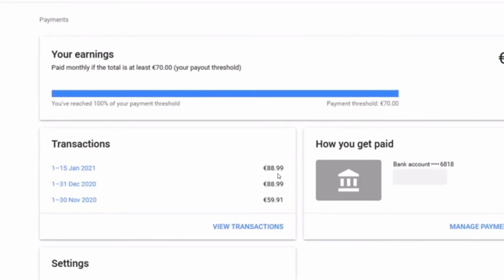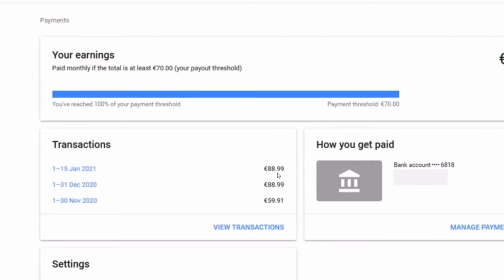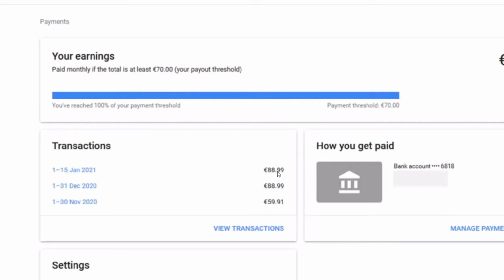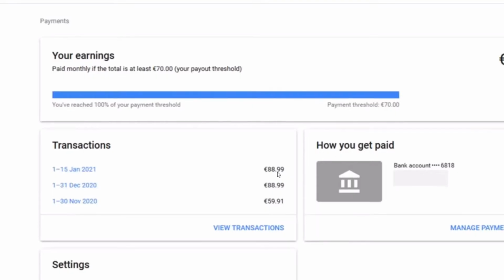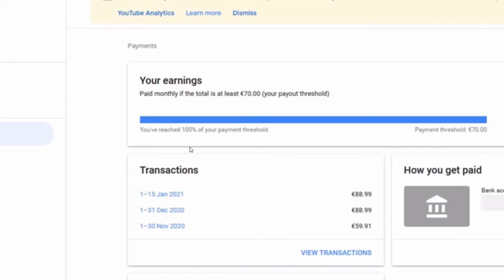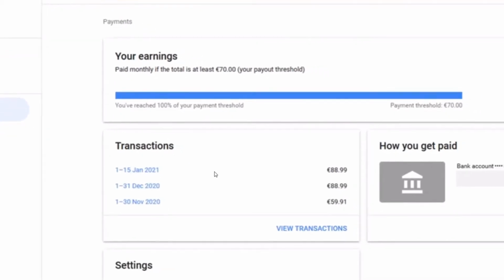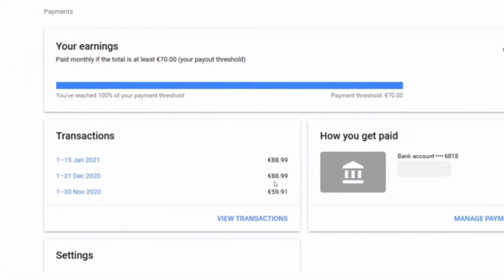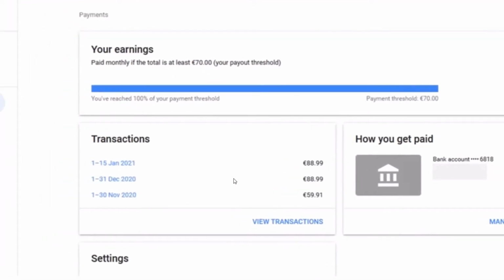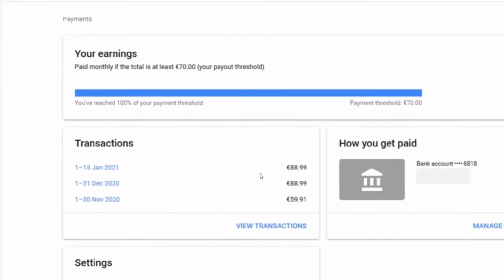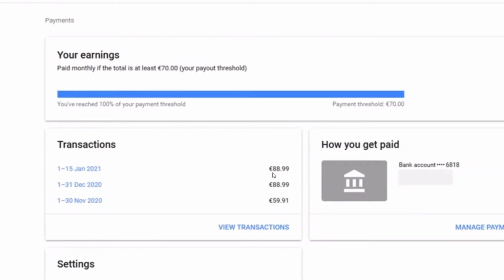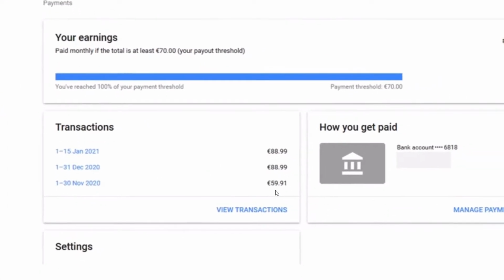Now this 29 point something euros was actually reflected in my AdSense account between the 10th and the 14th of January, precisely on the 11th of January. So when I finally received my 29 euros earnings for the month of December on the 11th of January, that increased my earnings.